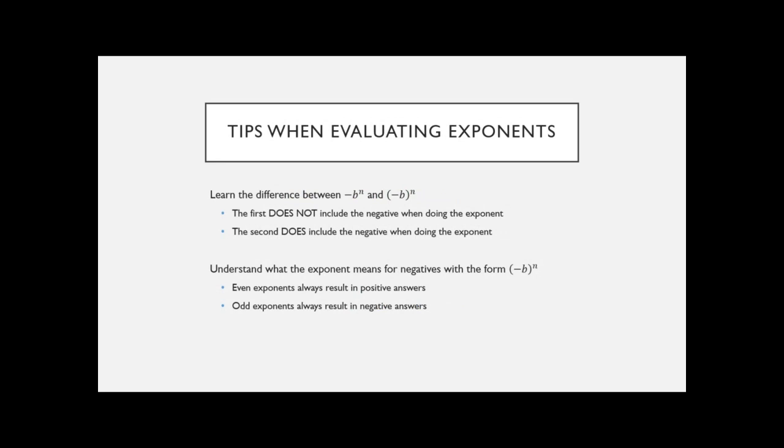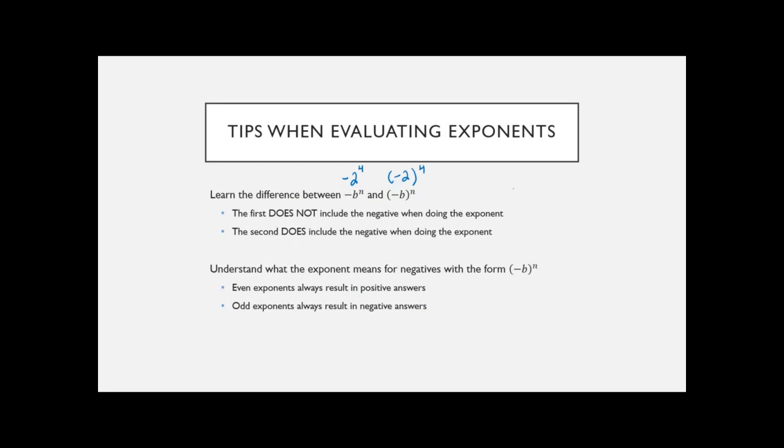So just some tips. This is basically reviewing things that we did with the order of operations, as you want to make sure you know the difference between the negative that's outside parentheses and when it's inside parentheses and when they're evaluated, because it's very, very different. So like negative 2 to the 4th versus negative 2 to the 4th. Those don't give you the same answer.